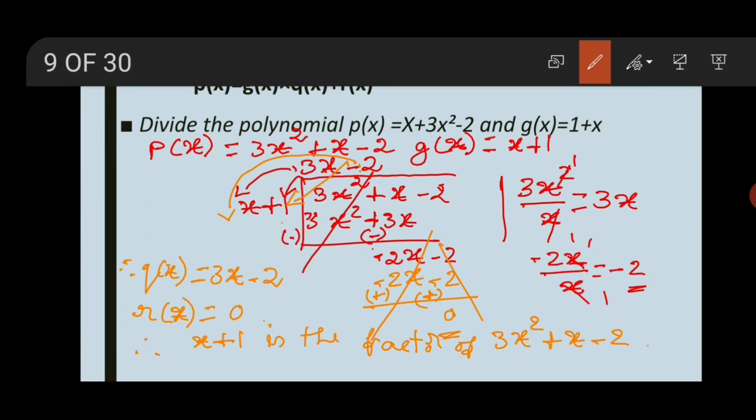And can we say the dividend 3x square plus x minus 2 is a multiple of x plus 1? It is also correct. So 3x square plus x minus 2 is a multiple of x plus 1 also, right?